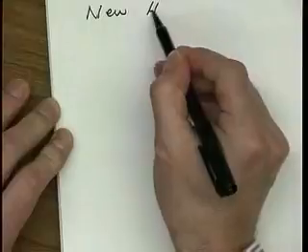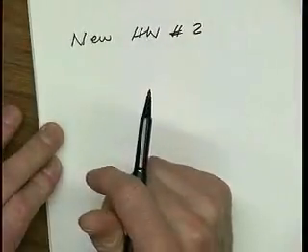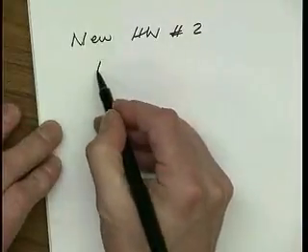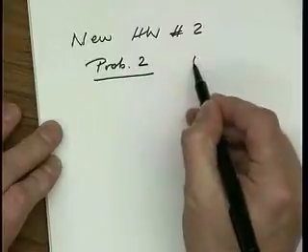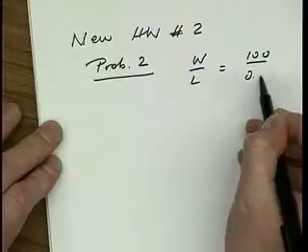Okay, then a new homework is on the web, and somebody already pointed out that actually it's all bogus. Particularly in problem 2, I specify the W over L of the transistor as being 100 over 0.5.